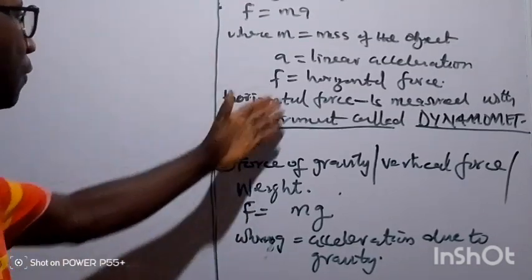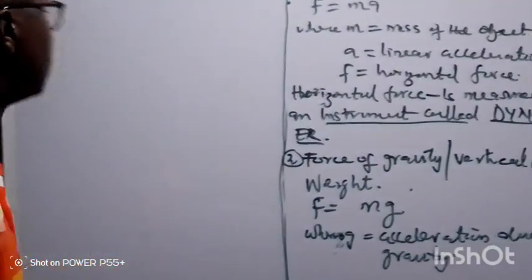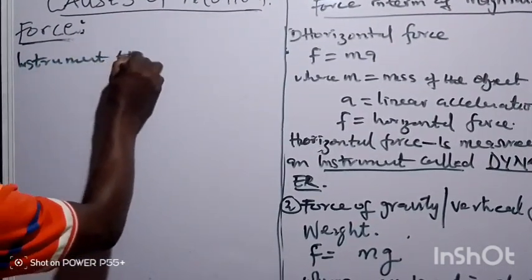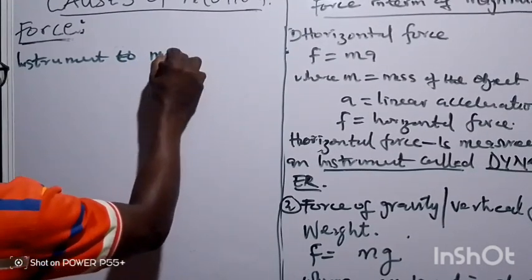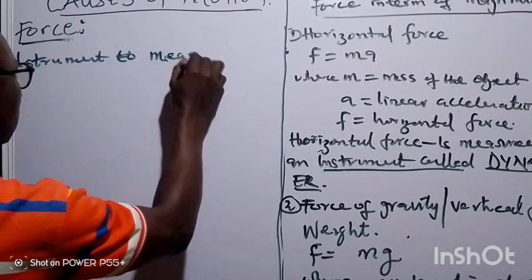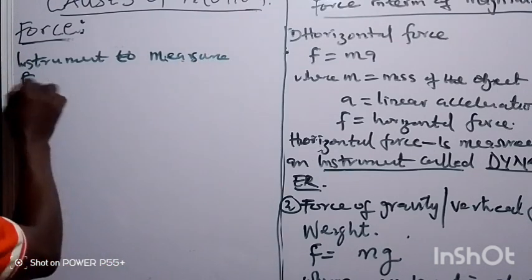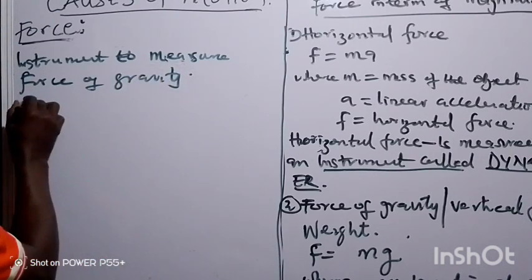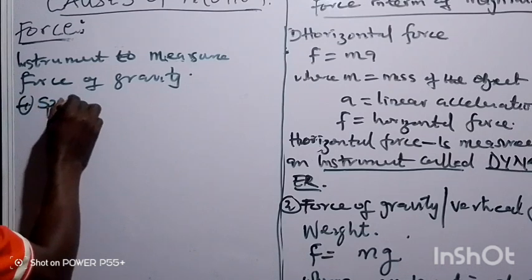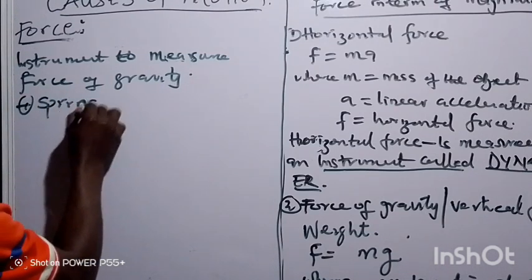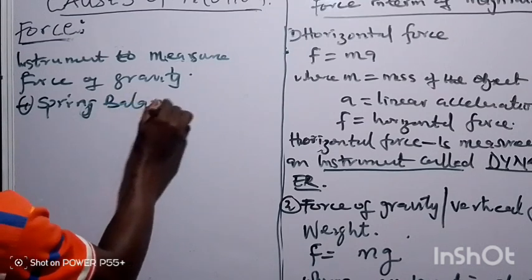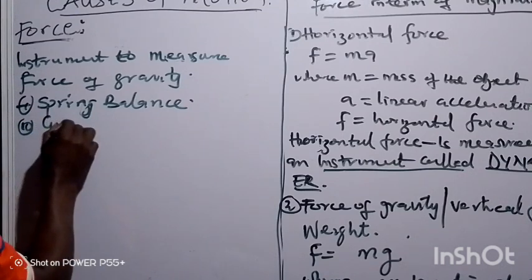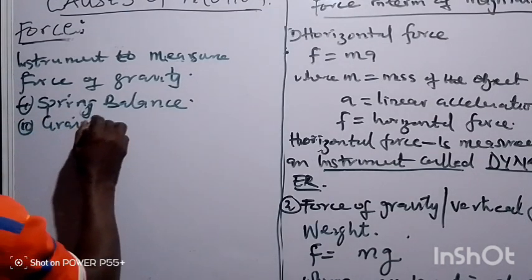As we said, for horizontal force, we use the dynamometer. Now, instruments to measure force of gravity or weight: 1, we have the spring balance to measure force of gravity. 2, we have the gravimeter.